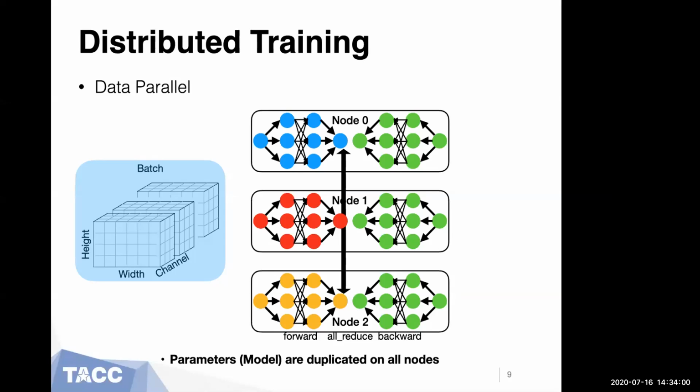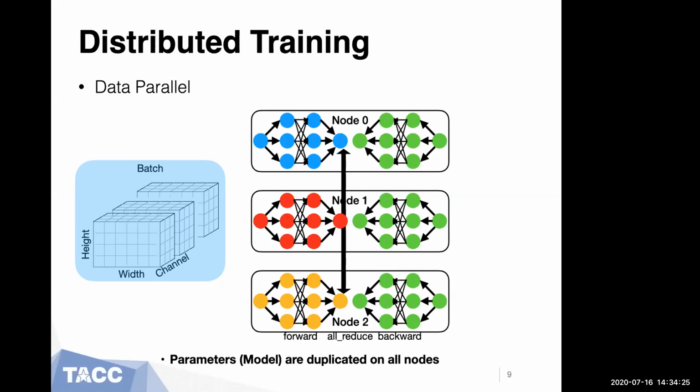At this time, all these nodes start to communicate. We're trying to compute the average of the gradients across the nodes. In MPI, in parallel computing, there is a collective data movement operation called allreduce, which we can call to compute the average of all these gradients.